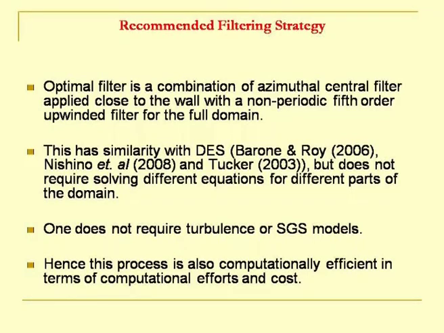We must develop a strategy that we have to find out an optimum filter. So, that optimal filter should be a combination of azimuthal filter that is applied close to the wall, and whereas in the wall normal direction you would have a non-periodic filter.